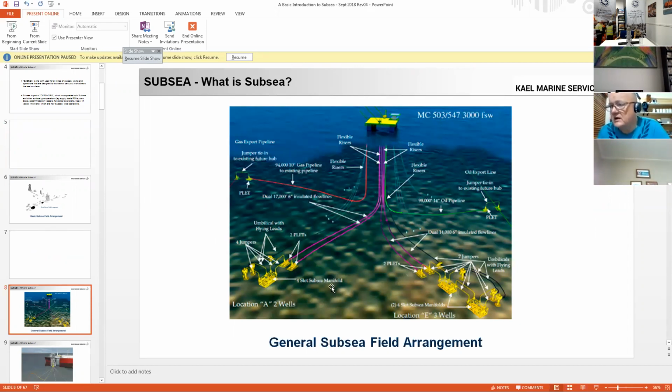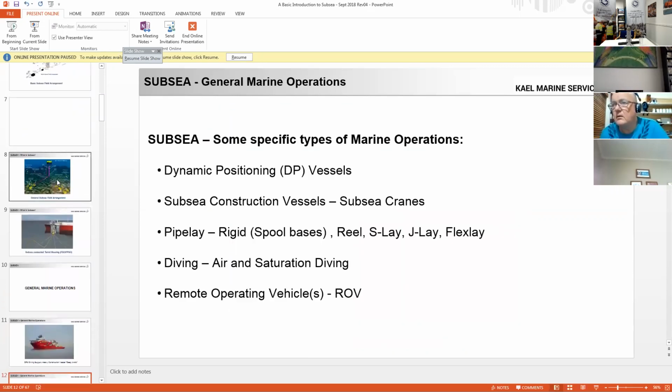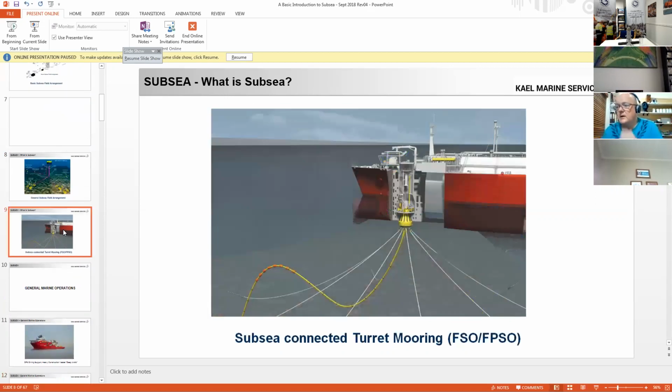All of these are things that are installed using subsea cranes, connecting up with ROV or possibly divers, diving work offshore. Okay, and a subsea connected turret mooring to an FPSO, where the actual FPSO will rotate around that turret. And what you can see there in the yellow is a flow line, and little orange floats to take some of the weight off the pipe.